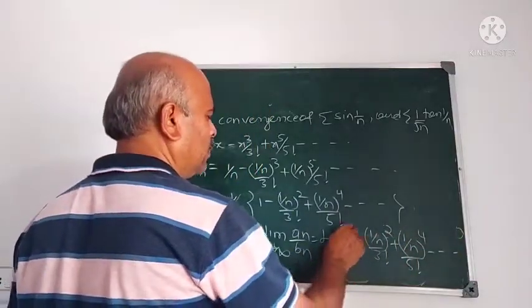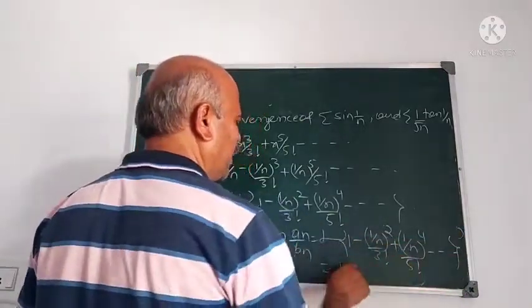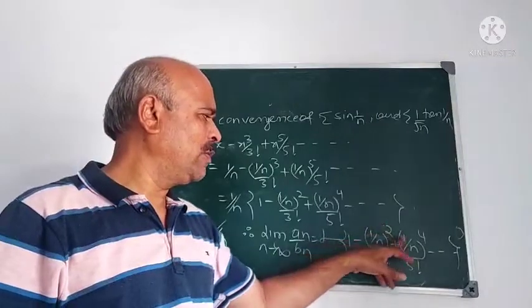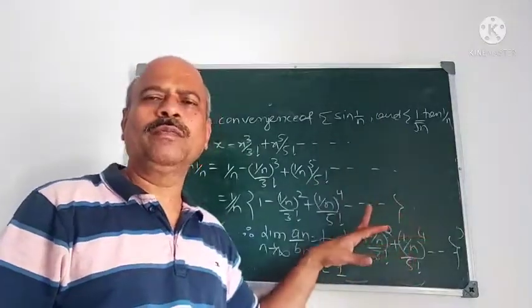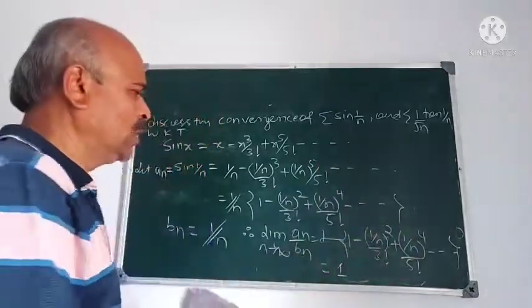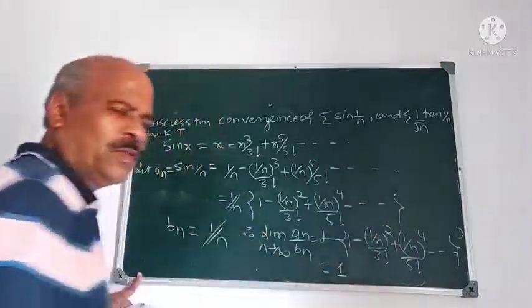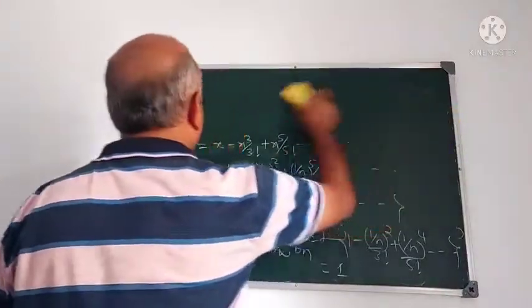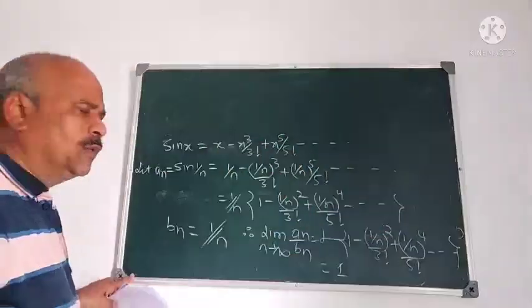What is the limit? Limit of this is 1, because this 1 upon n square, 1 upon n raised to 4 all tend to 0. As n tends to infinity, 1 upon n is 0. So the limit is 1, which is finite and not 0.